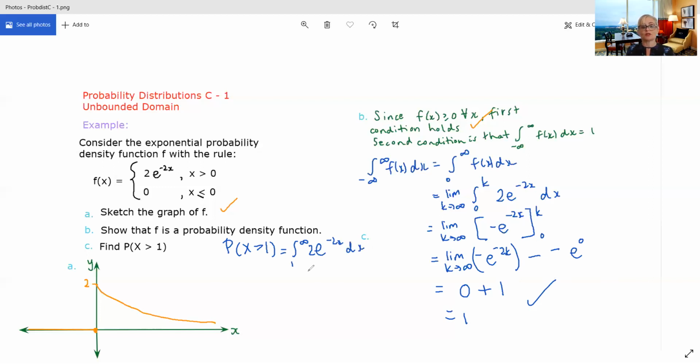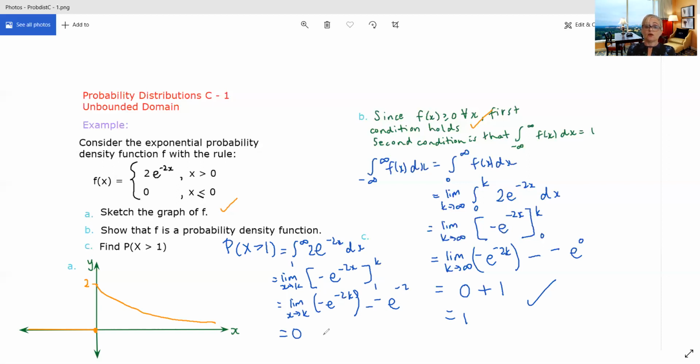So again, we're going to do a limit as k tends towards infinity, from 1 to k, of negative e to the negative 2x. So that will be the limit of negative e to the negative 2k minus negative e to the negative 2. That limit will be 0.